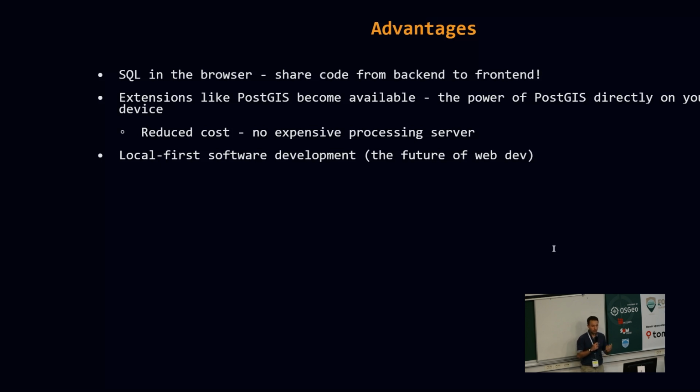One thing that this is great for is code sharing. You write your backend queries in SQL. You can equally use exactly the same SQL directly in your front end. You no longer have to manage JSON files and parsing and trying to make your own data structures in different ways. You can just directly query a database.